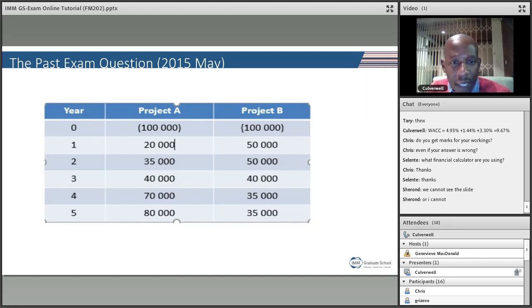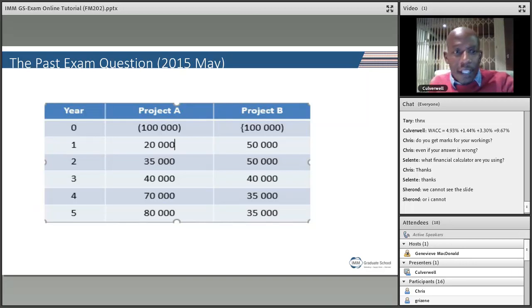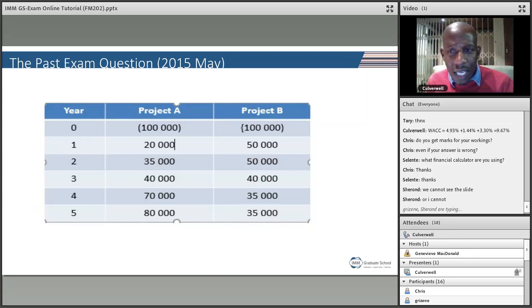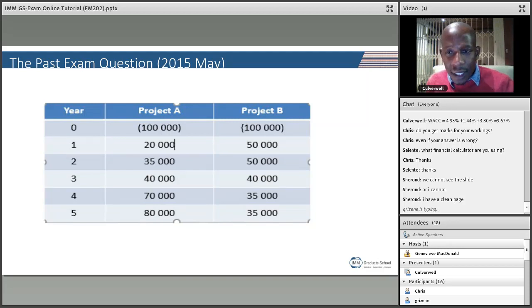How is it now, Sherrod? Can you see? Is there someone who also has a problem viewing the slide that I have there, the one that says year 0, 1, 2, 3, project A, and then project B? It should be visible, I suppose.